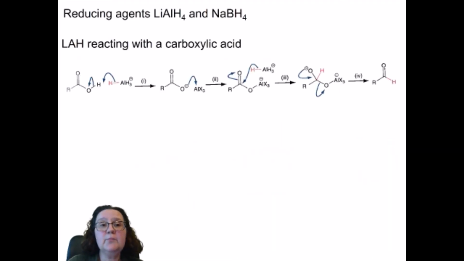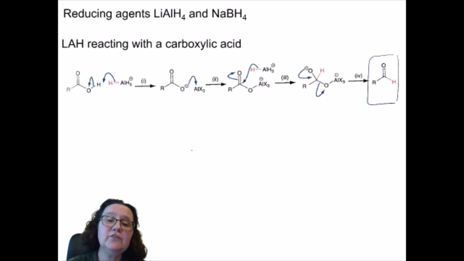This is an example of lithium aluminium hydride reacting with a carboxylic acid. And as you can see, the final product of the reaction is slightly different. We don't reach the alcohol, we stop at an aldehyde. And that is because in a carboxylic acid, we do have something that can act as a leaving group. So it is possible to reform the carbonyl group.